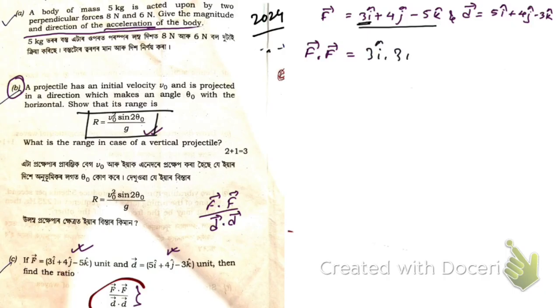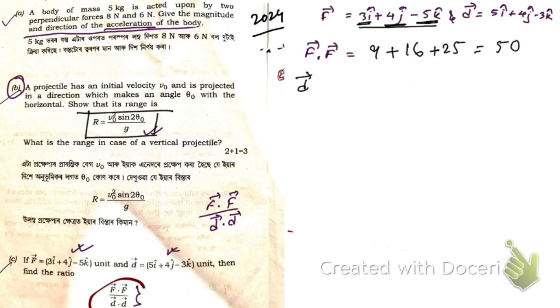That's going to be 9 into 1, the dot product of i cap and i cap is 1. So here we're going to get 9, then plus again 4j dot 4j, that's going to be 16, then minus 5k dot minus 5k, that's going to be 25, k dot k is 1. So that's what we're going to have, right? Hope you have understood this. If you add these, then you're going to get 50.